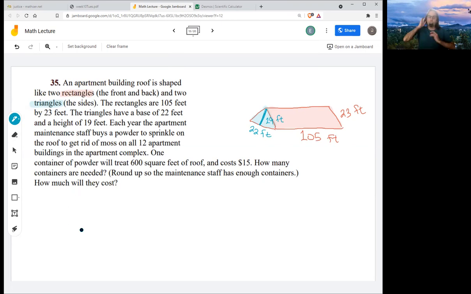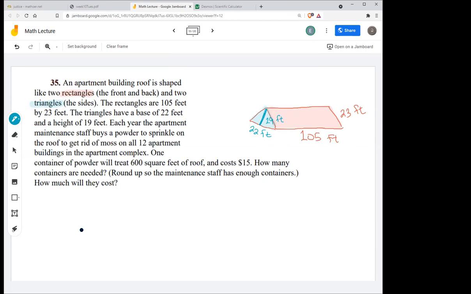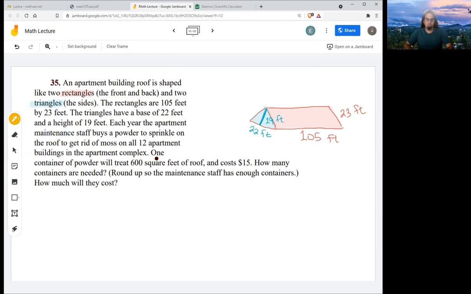Okay, are we good so far? Yeah. So we have not just one of these, but there's 12 apartment buildings. I'm just going to highlight that for now. I'm sure I'll probably want the 12 somewhere.